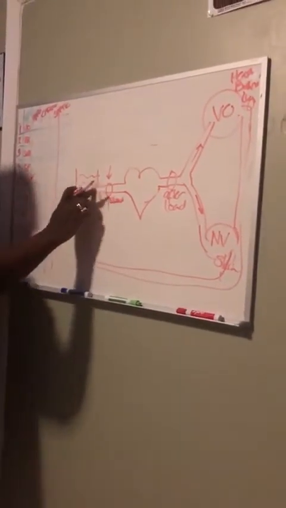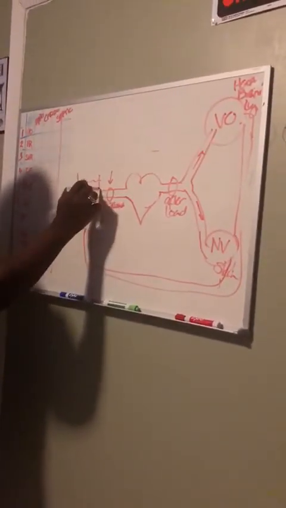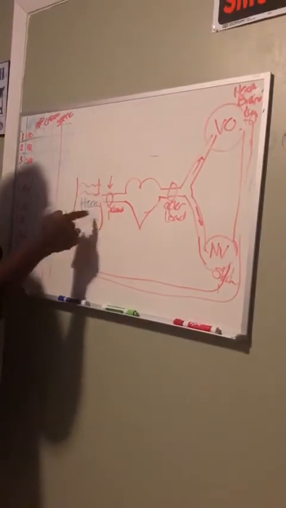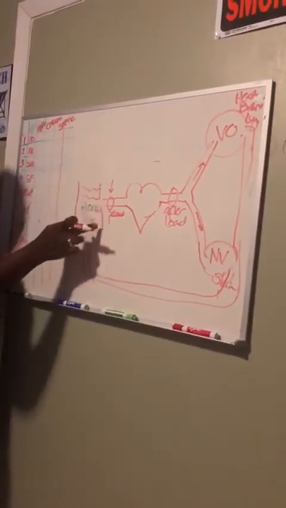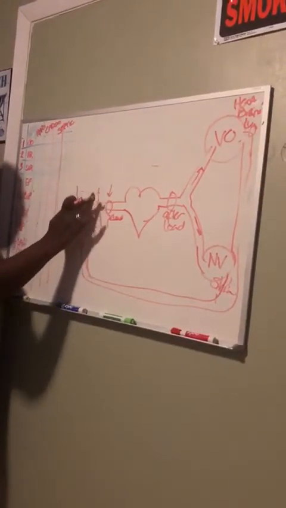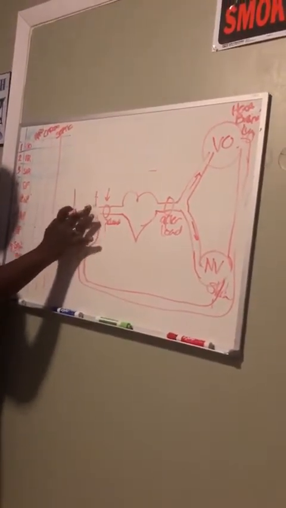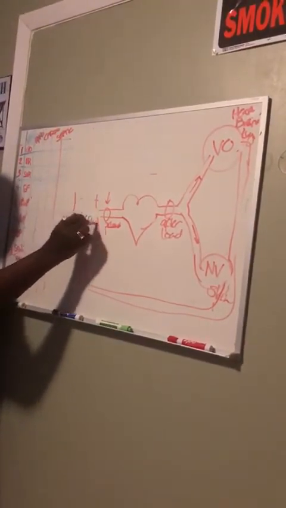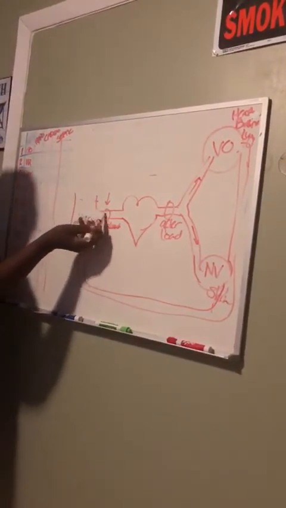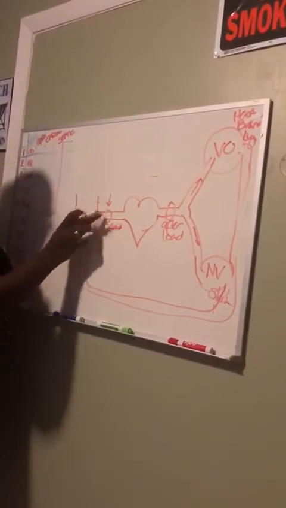So what's happening? If there is loss of blood, look at this. This is blood. This is loss of blood. What happens here is it drops. Look at that. There's not enough blood going into the vasculature system here now. Look at that.